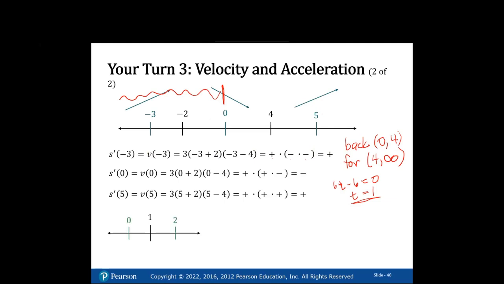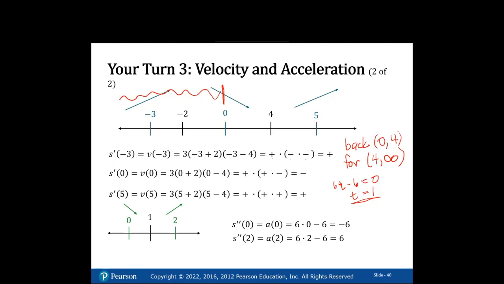Now I'm going to pick 2 numbers to check. 0 and 2 are pretty good. I like those numbers. So plugging them into the second derivative, or the acceleration, first I get a negative number when position is 0. And then I get a positive number when my position is 2. So now this information tells me that we're actually going to be slowing down from 0 to 1.